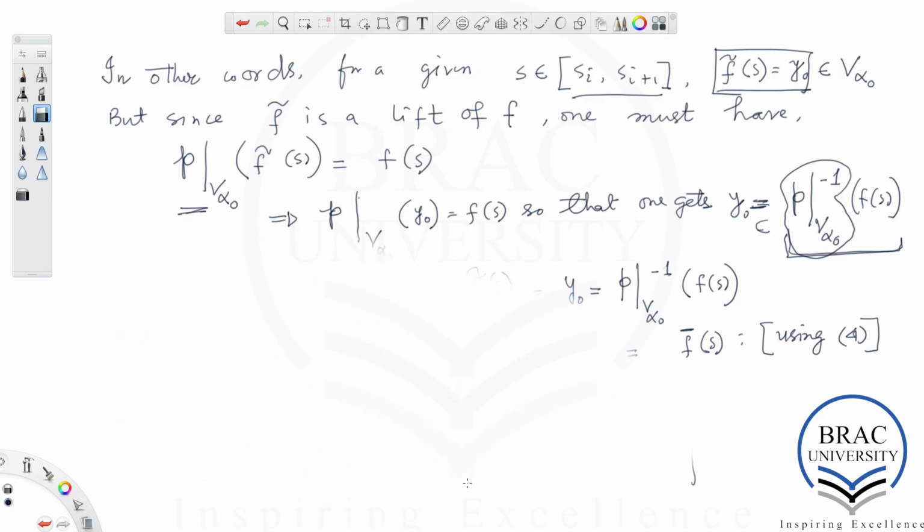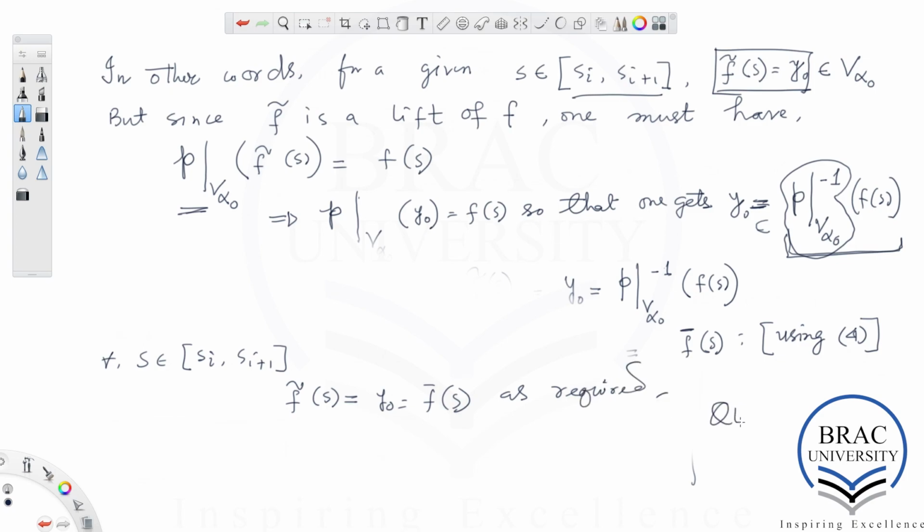Therefore, we have just seen that for all s in [s_i, s_{i+1}], F tilde of s is equal to y0, which is equal to F bar of s, as required. QED. Okay, good.